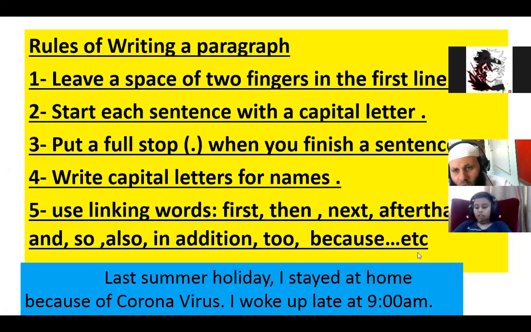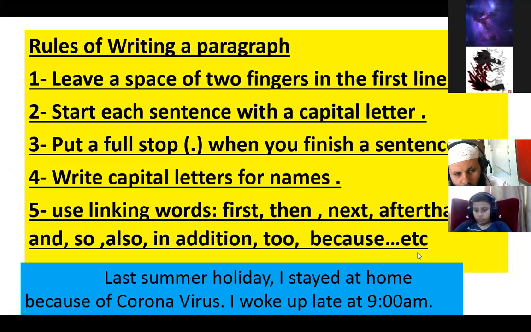Thank you, Mahmoud. Umran Isa, read rule number 4. Write capital letters for names. Is Umran written with a small O or a capital O? Capital O. Is Isa written with a small E or a capital E?